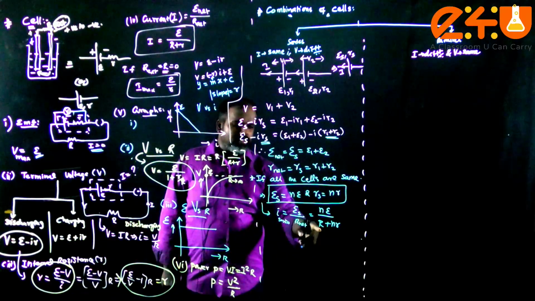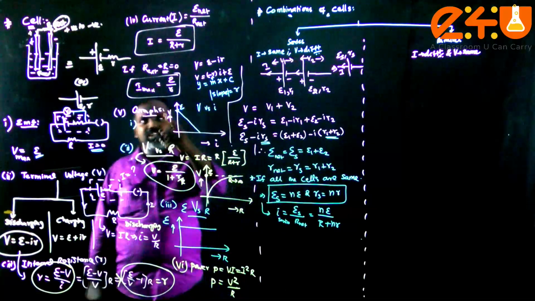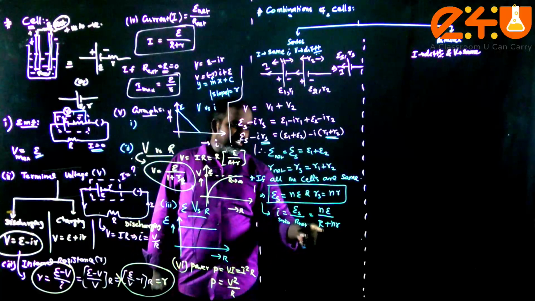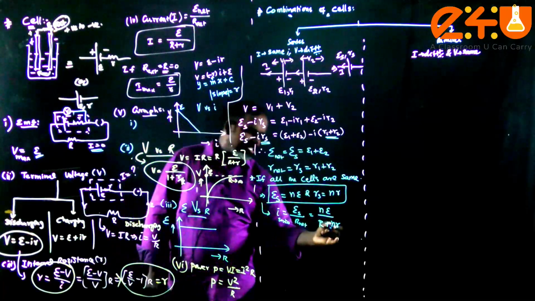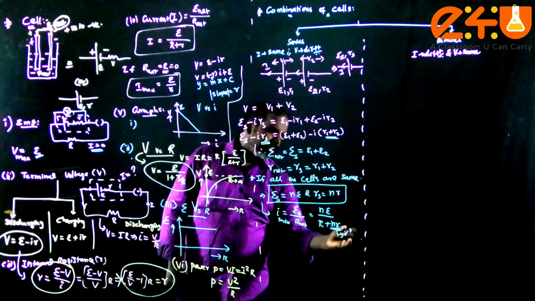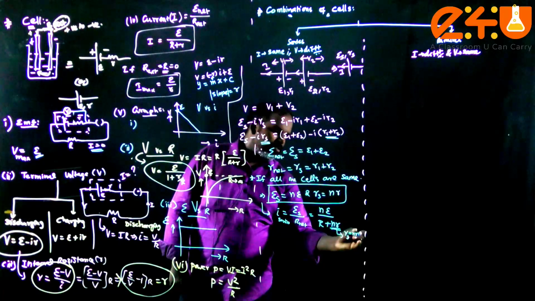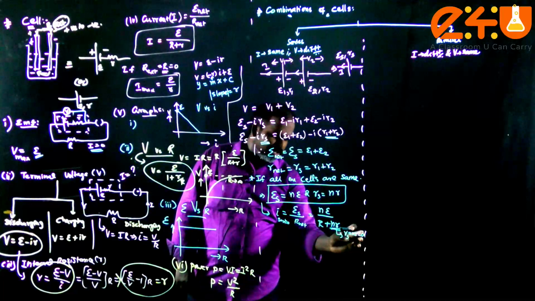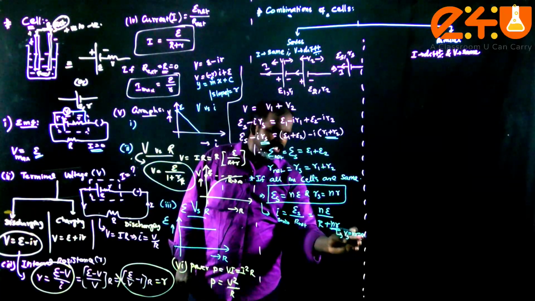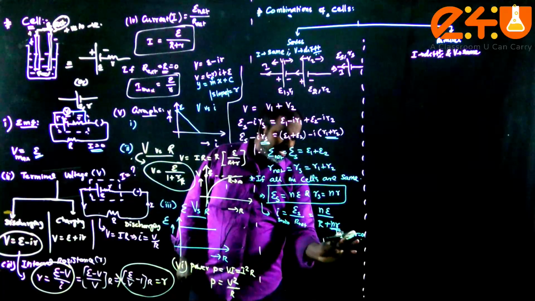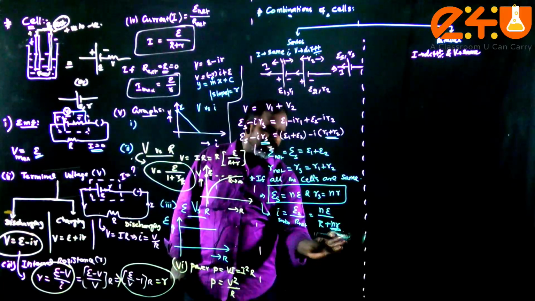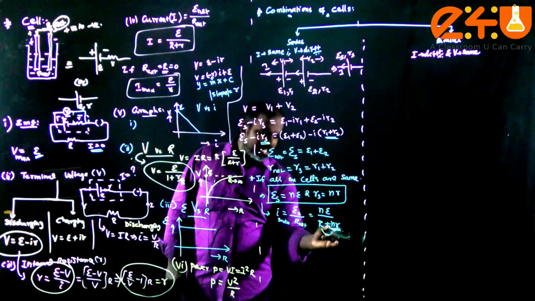So what is the condition to get the maximum current? As we said, when external resistance is 0, current will be maximum. Similarly here, R net, if this term has to be 0, that is nr equal to 0. We cannot make it exactly 0, but it can be negligible, because as we said earlier, we cannot make internal resistance 0, but compared to R I can neglect that.